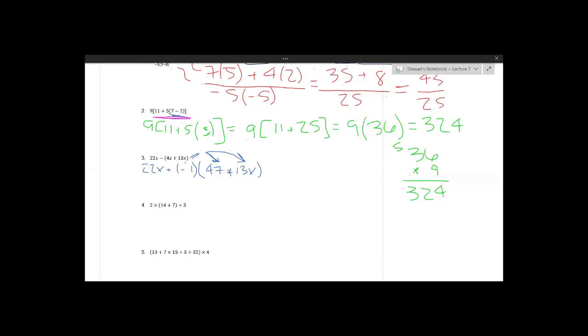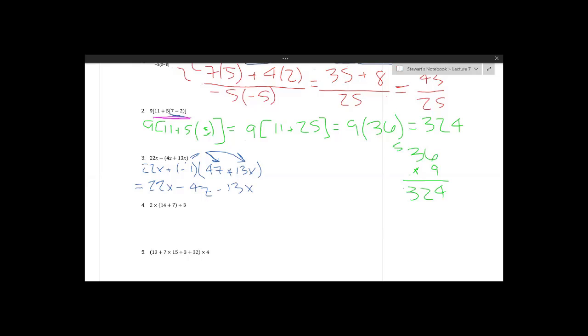So then we'll end up with, oh my goodness, the stylus is not happy today, 22x, -1 times 4z is -4z, -1 times positive 13x is -13x.